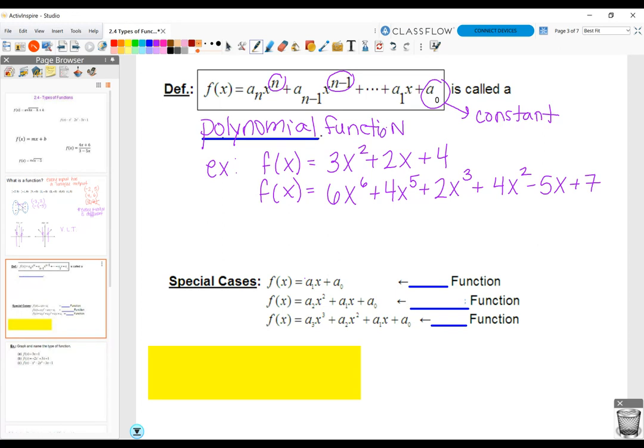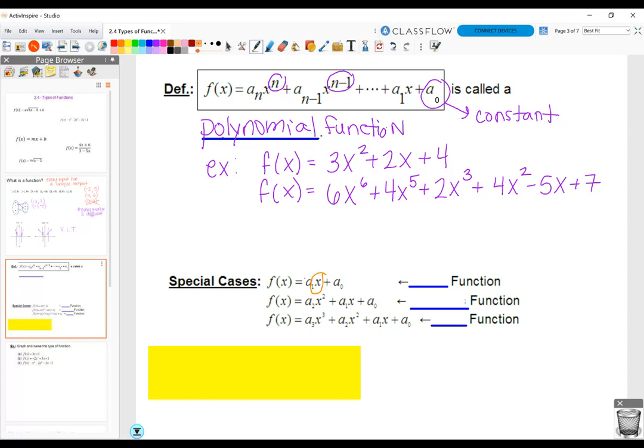All right, so this is called a polynomial function. Now, there are 3 different special case polynomial functions that I want to review with you quickly. The first is where my highest exponent is a 1.